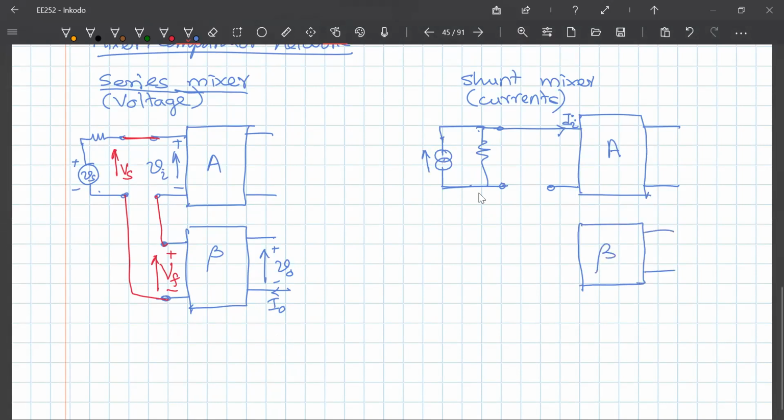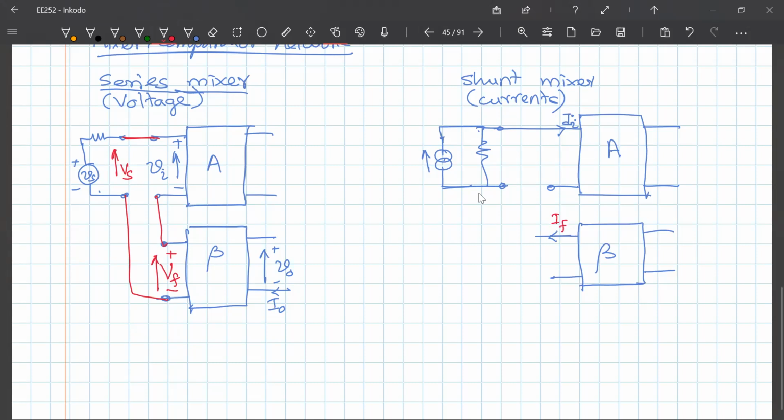The input can be a current or voltage to this network, but output now is a current, right? Remember, the output of this network is IF, because I need IF as the current.